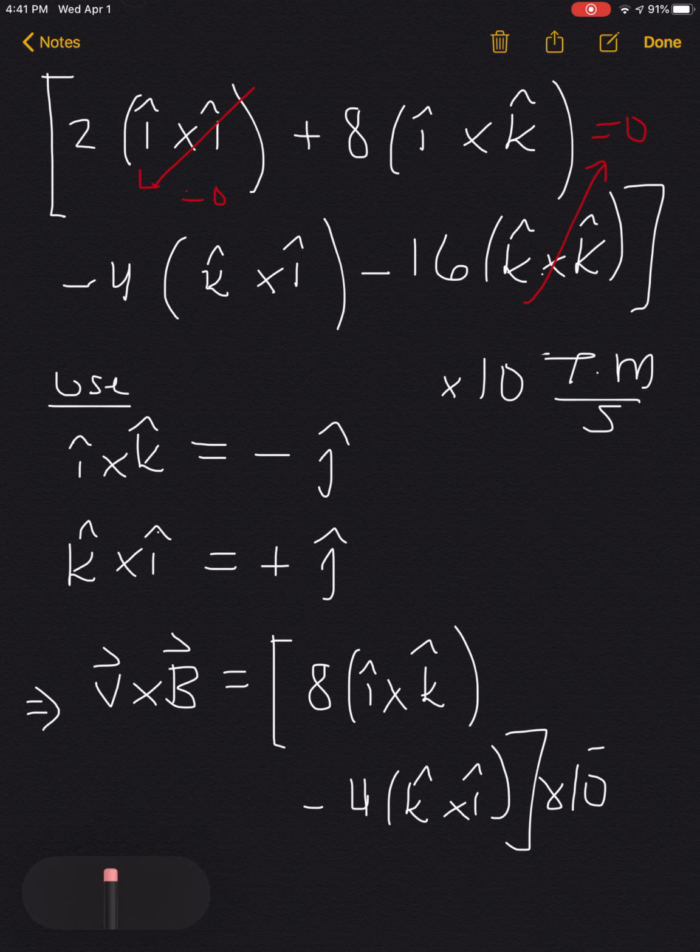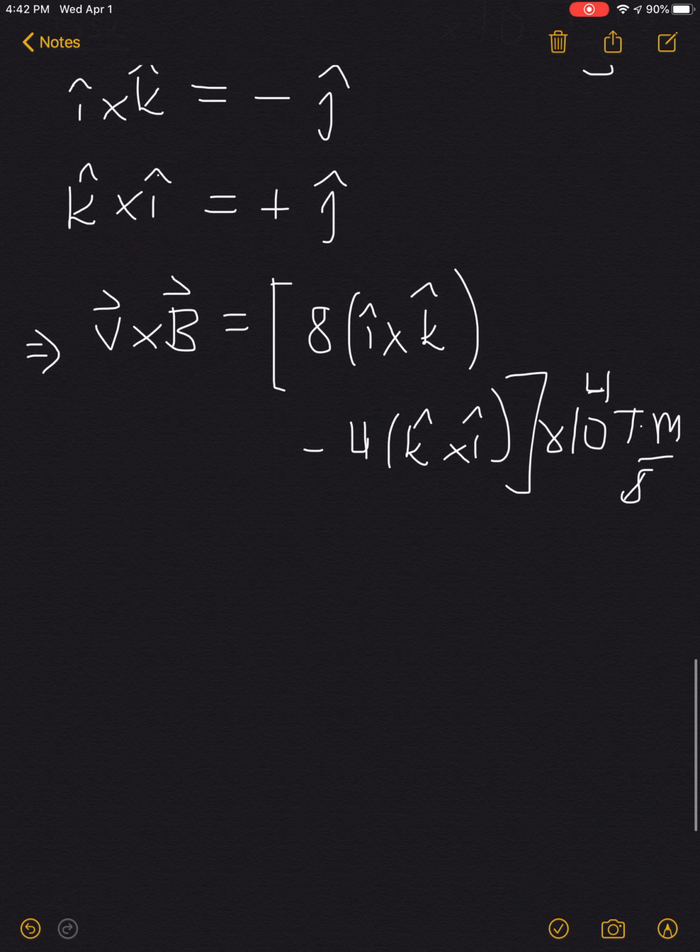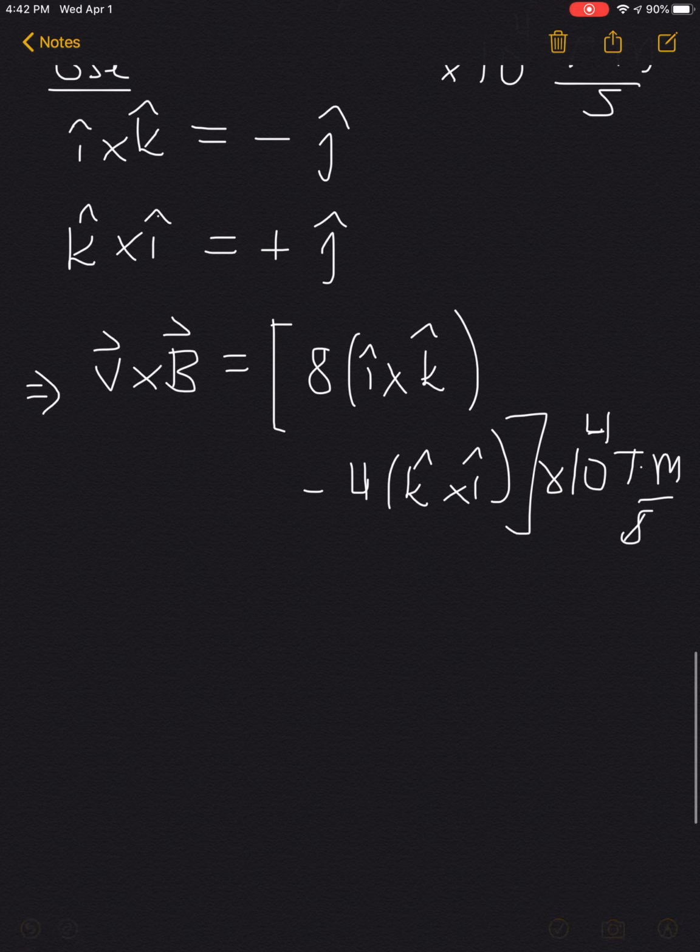It's not to the minus anything, it's actually to the 4th power. So let's correct that up here, and also you get that this is to the 4th power, Tesla meters per second. Okay, so let's scroll down a bit.